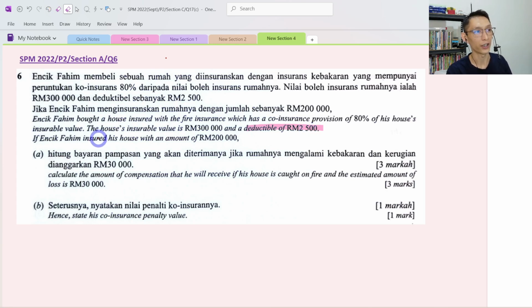Injay Fahim insures his house with an amount of 200,000. Now let's look at part A. Calculate the amount of compensation that he will receive if his house is caught on fire and the estimated amount of loss is 30,000. For this type of question, first we need to calculate the required insurance.